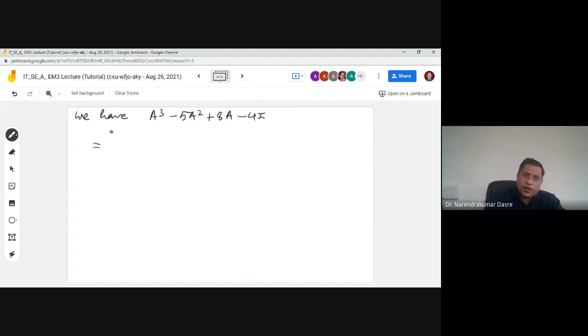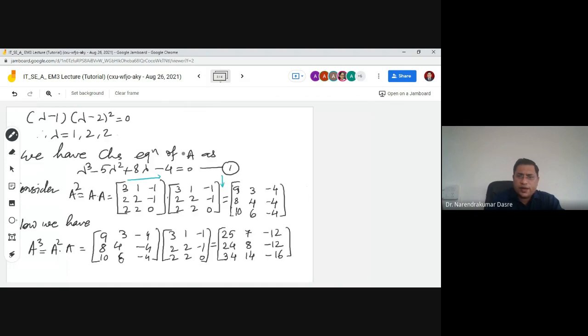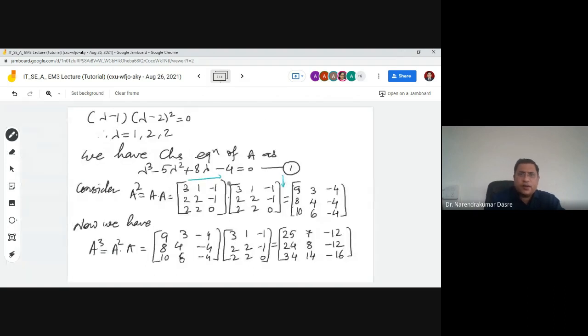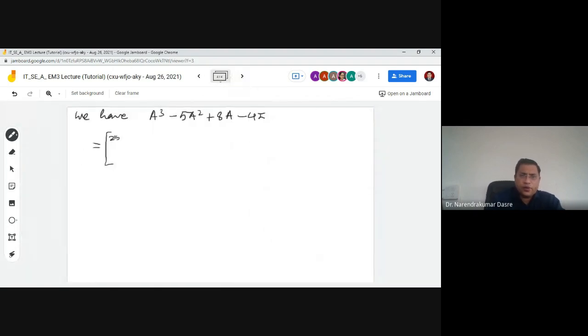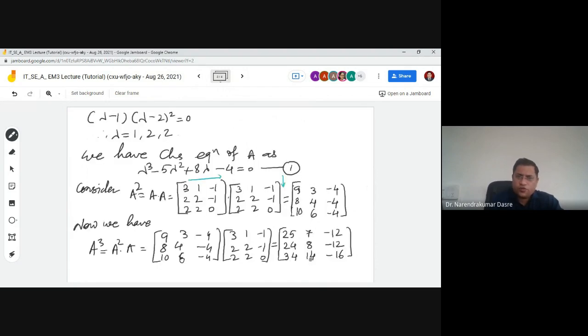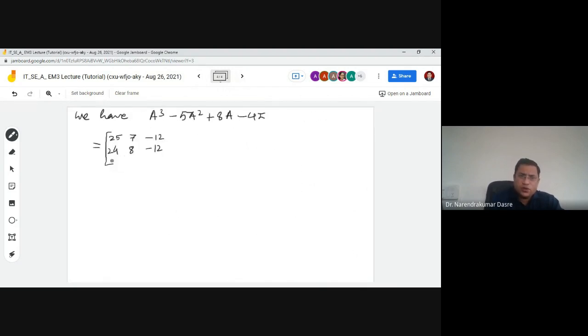Okay, so we have a cube. A cube we have calculated here: 25, 7 minus 12. Then this is 24, 8 minus 12. Then we have 34, 14 and minus 16.